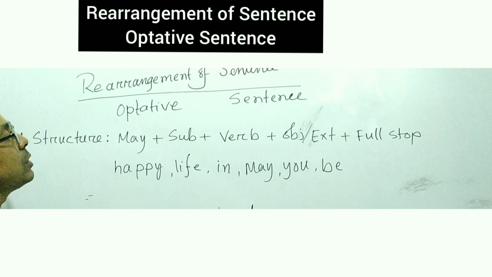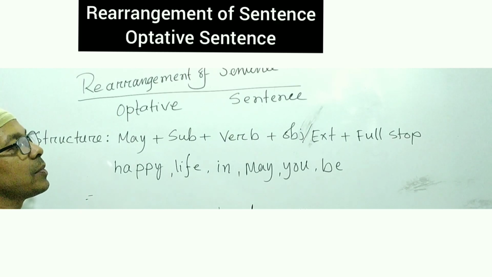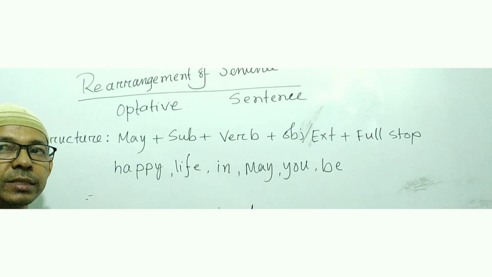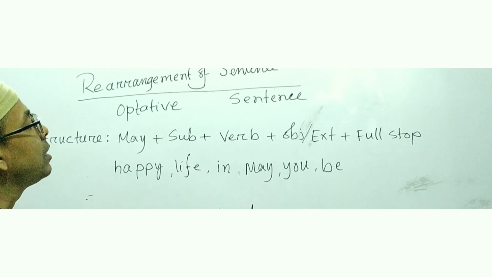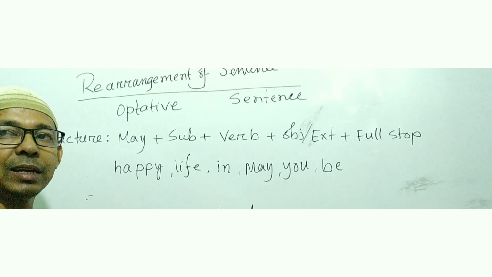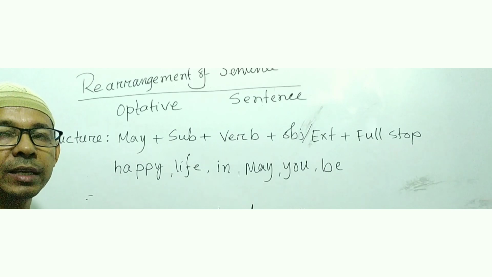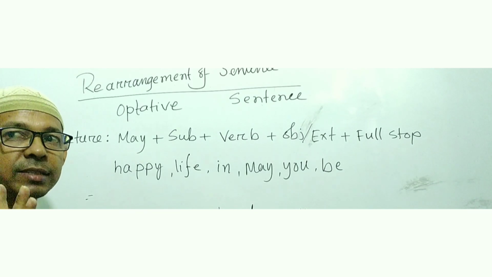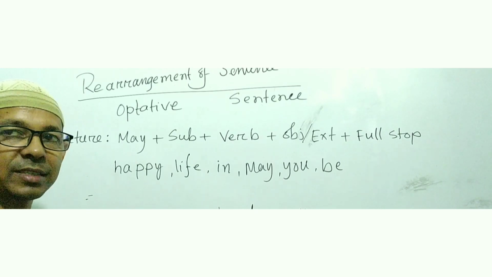Okay, so my dear student, an optative sentence is like an assertive sentence, but if you write may before the assertive sentence, then the sentence will be an optative sentence.